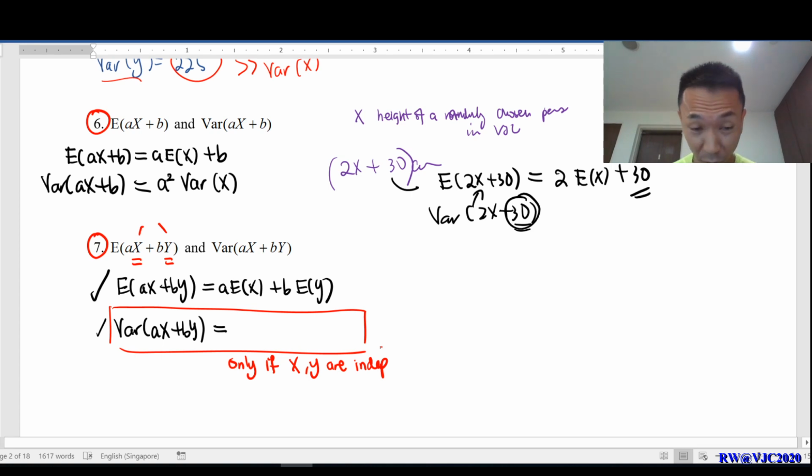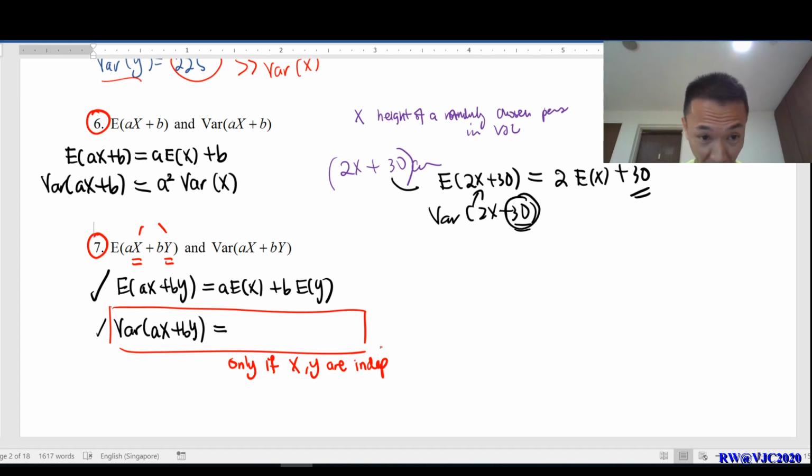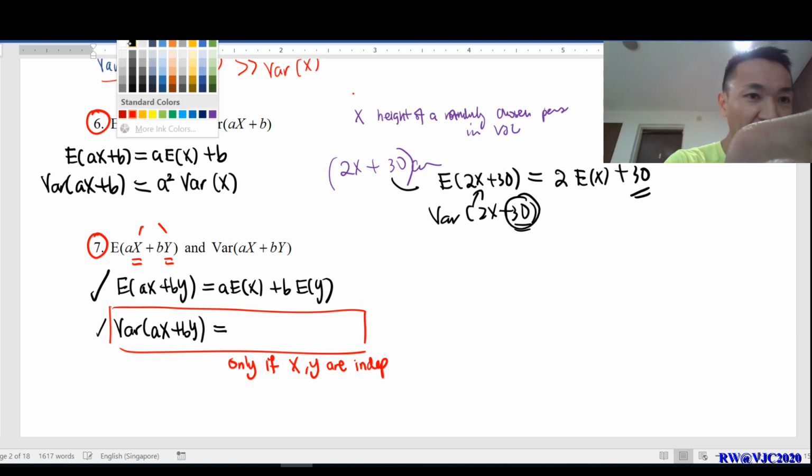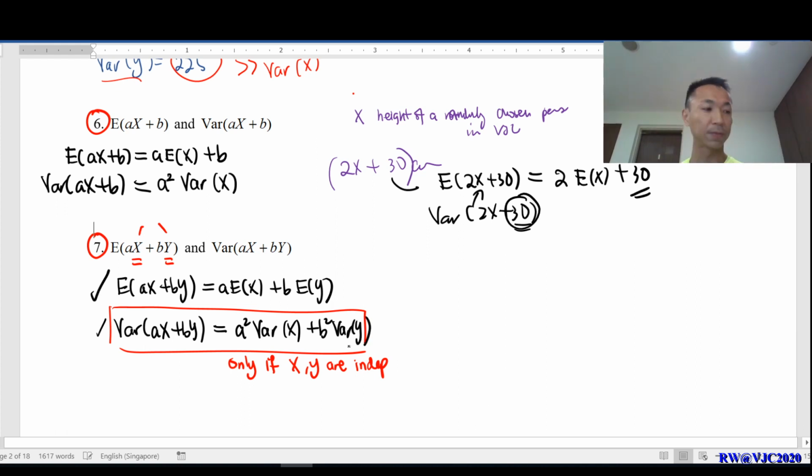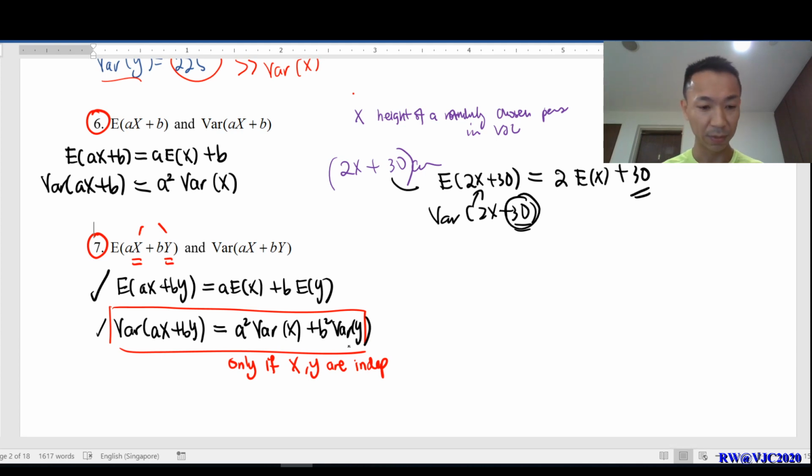Okay, cannot anyhow use. If x and y are not independent, you cannot anyhow use it. So you know the meaning of independence. You learned it in probability. It means x doesn't affect y, y doesn't affect x. So only if they are independent, then you say that this is a squared times the variance of x plus b squared times the variance of y. You use it for your calculation for now. Okay, that's all you need to know. All good? Okay, good.